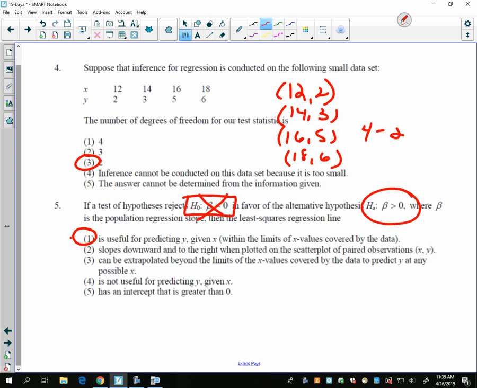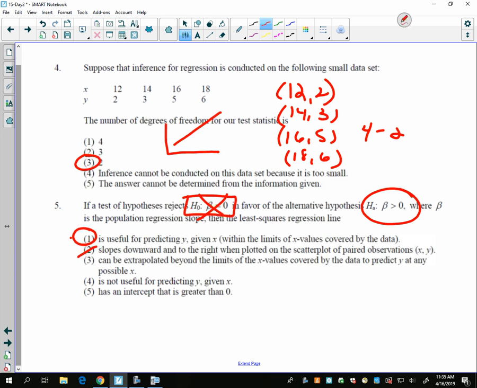Like the slope. Oh, yeah, but I don't think this is based off of this. I think they're isolated questions, 4 and 5. But as x increases, y increases on this problem. Yeah, 2 would be wrong because it's sloping upward, not downward.